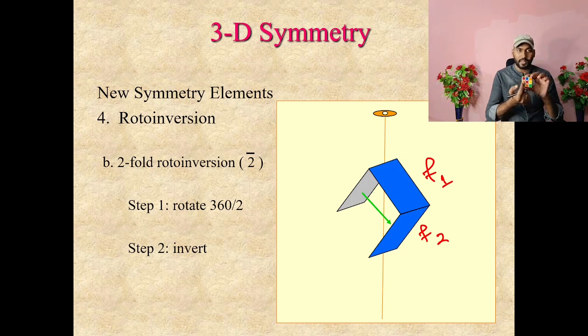Second phase came, third phase came, fourth phase came, and then we came back to the original phase. When we reach our original position, then only the symmetry operation will stop. What is the operation here? What am I doing? I am rotating. So rotation is the operation. What is the element? The rotation axis is the element.